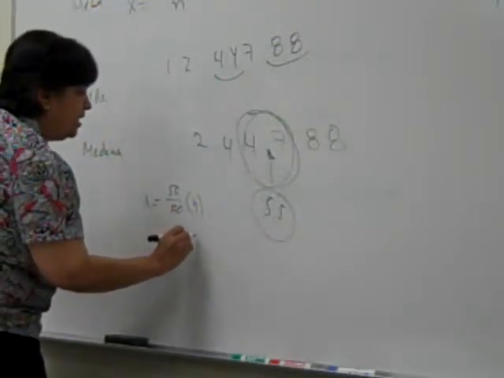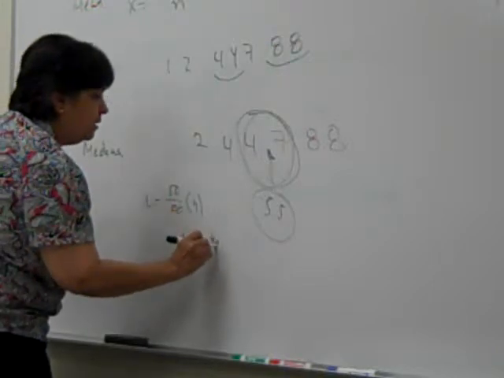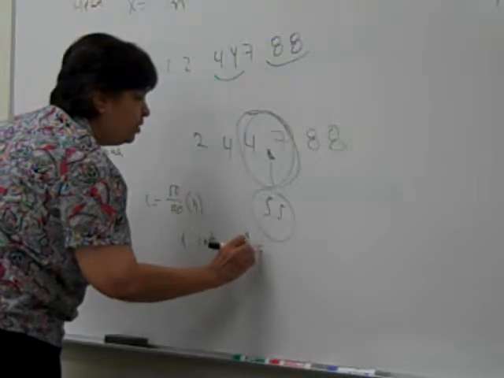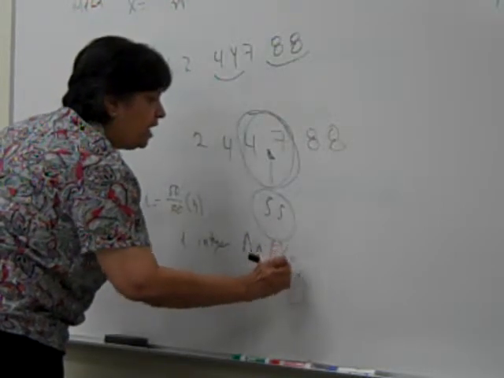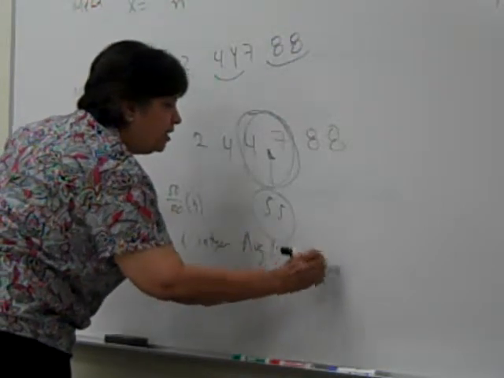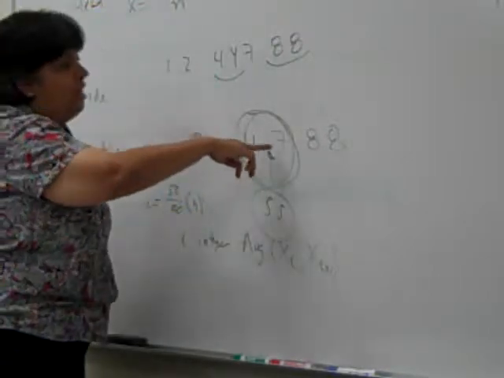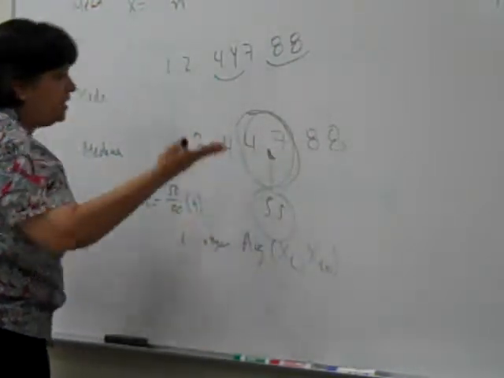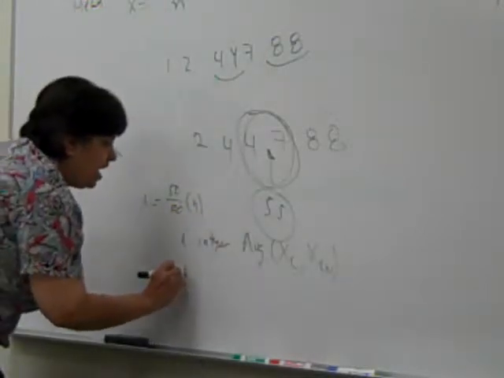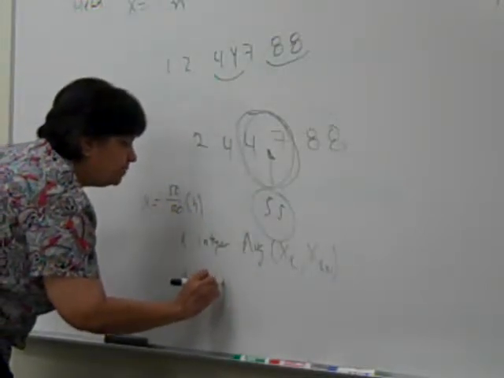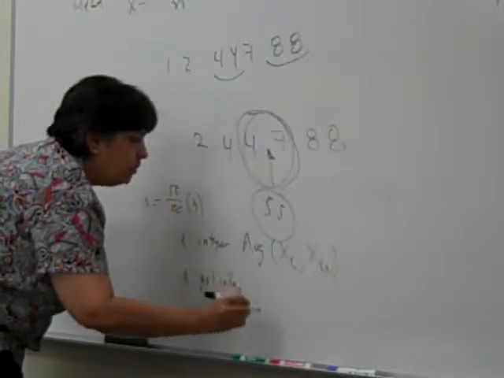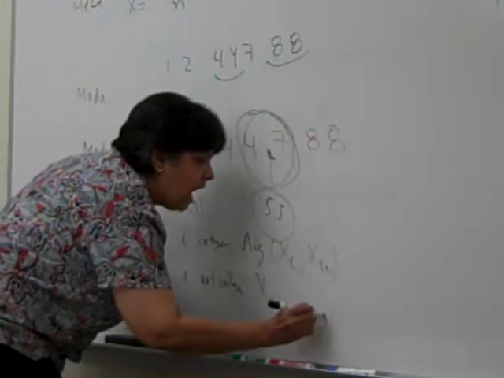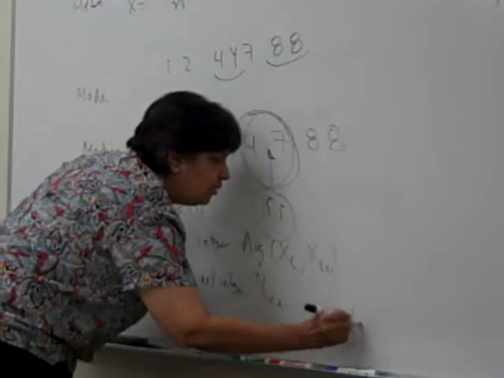If i is an integer, then the median is the average of x sub i and x sub i plus 1. So it's this one plus the next one, or it's the average of these two numbers, and that is the median. If i is not an integer, your median is your x sub i when you round up your i.